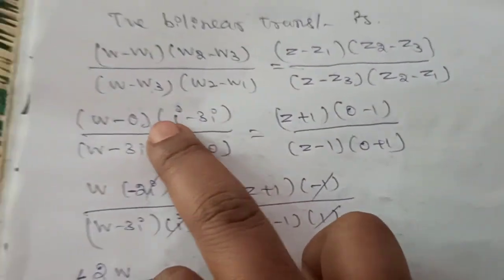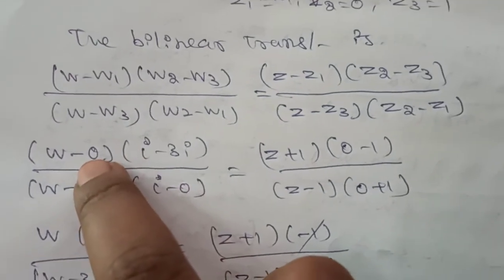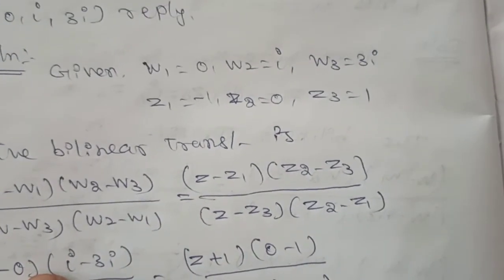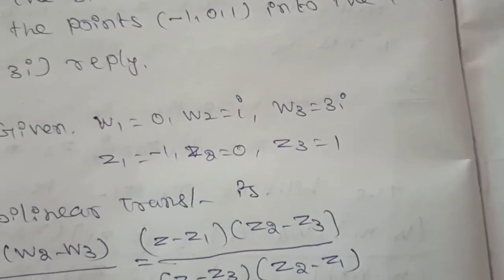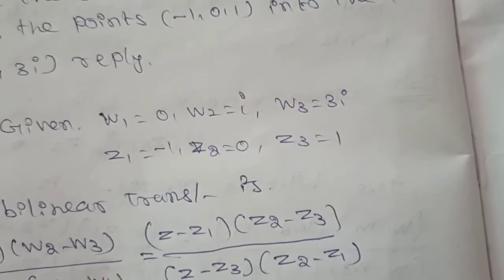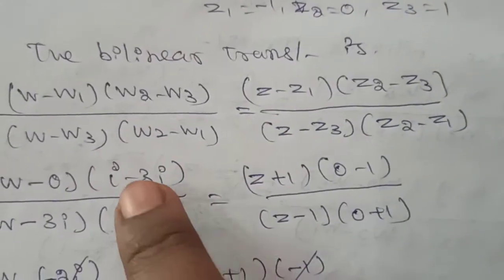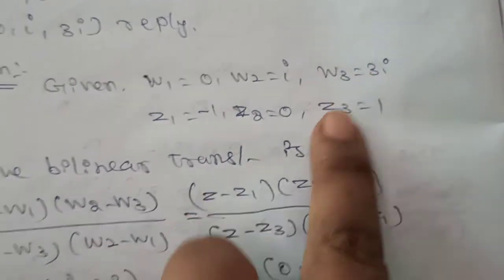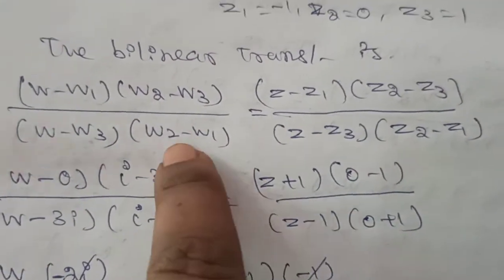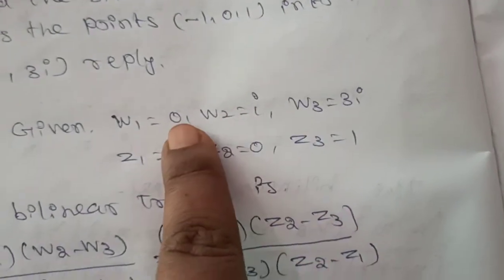So substitute all the values in this equation. w minus w1, where w1 is 0, into w2 minus w3, where w2 is i and w3 is 3i, that is i minus 3i, divided by w minus w3, where w3 is 3i, so (w minus 3i) into (w2 minus w1), that is i minus 0.